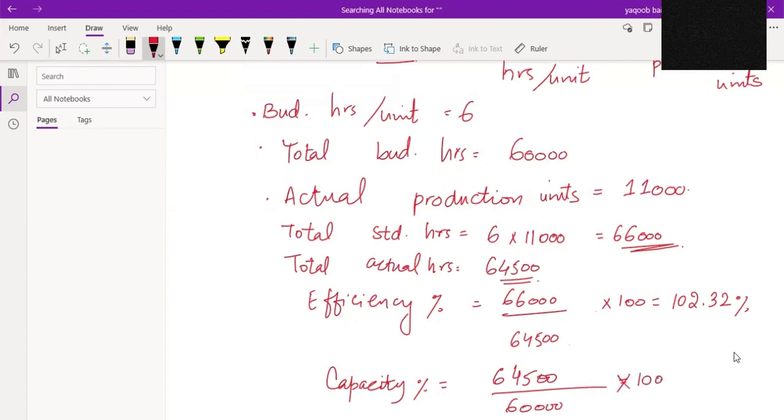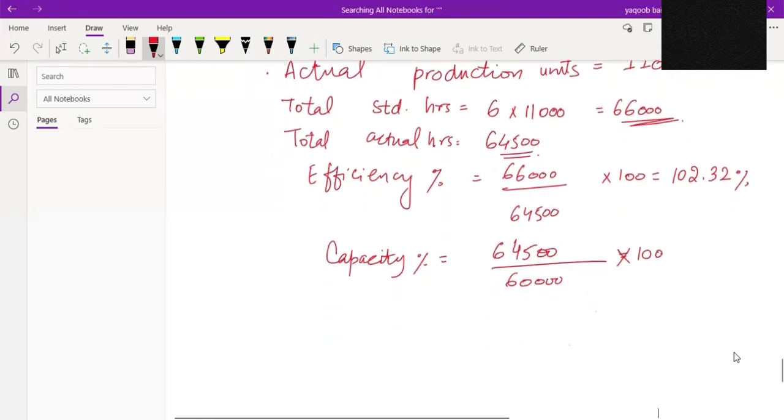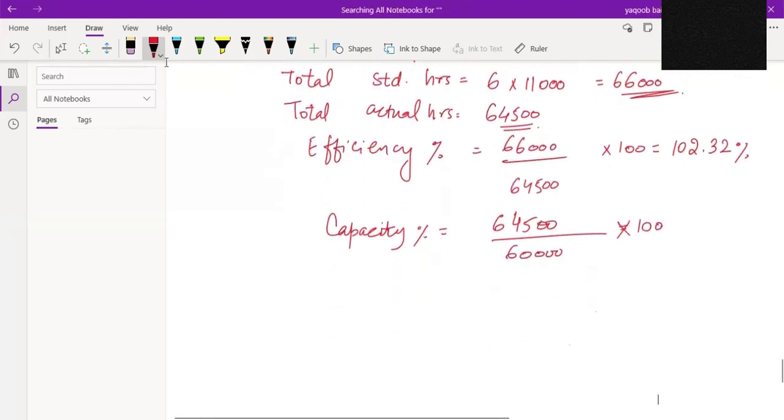I will write the formula over here so that you will be able to memorize the formulas.